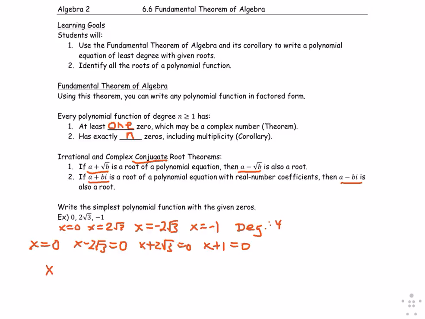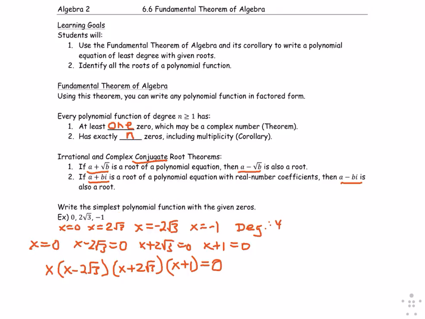So it's going to be x times x minus 2 square root of 3, x plus 2 square root of 3, and x plus 1. They all multiply to 0 because of the zero product property. And this, of course, is the reverse of if you were solving. It's because we're already given the answers, or what the x-intercepts are.